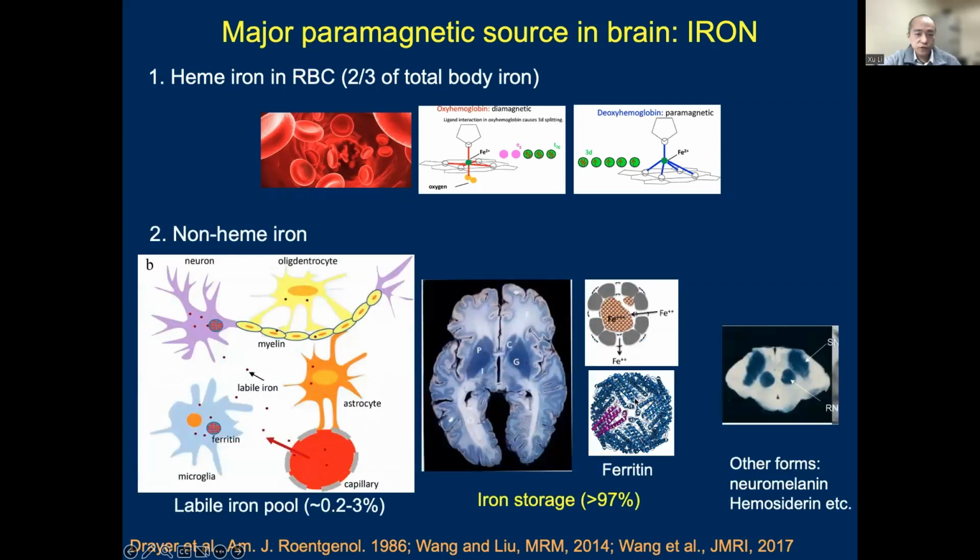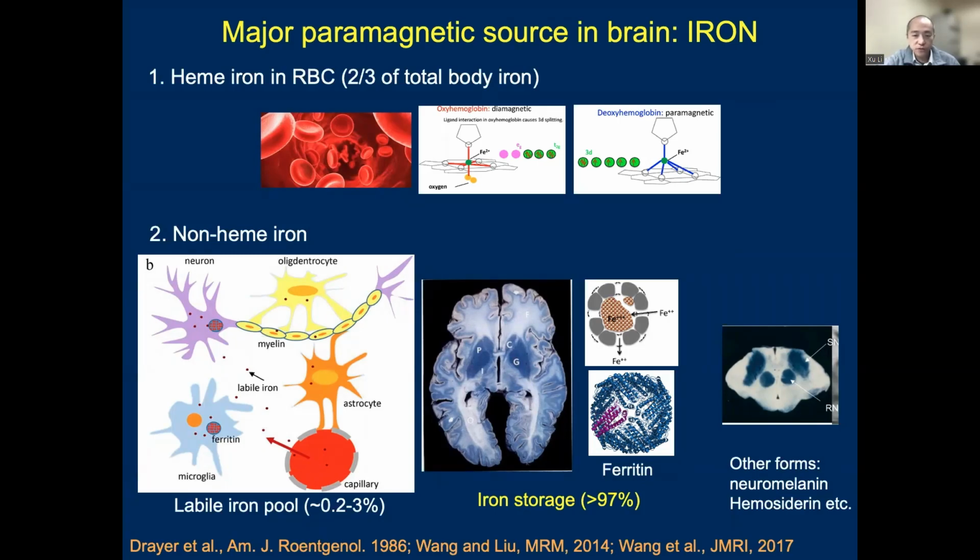Another iron source is in its non-heme form. So those are irons in the cell. Among them, only a very small percentage, less than 3%, is actively involved in cellular biochemistry.